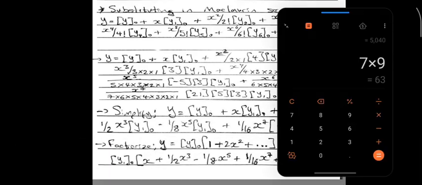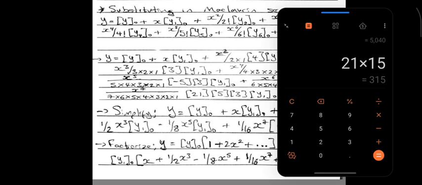The last term here, we have 21 times 5 times 3 in the numerator, and we have 7 factorial in the denominator. So let's do that. 6 times 5 times 4 times 3 times 2. So that is 5040. And for 21 times 5 times 3, that is 21 times 15, right? So that is 315.